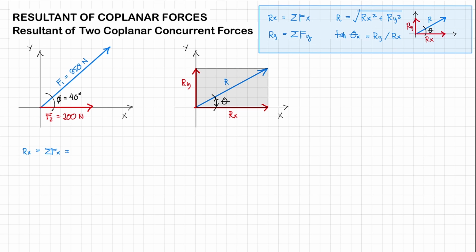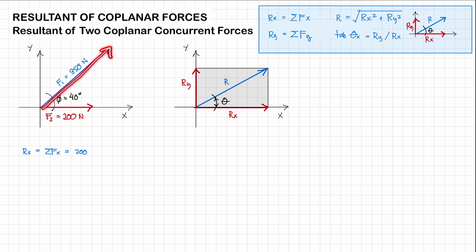Okay, so first off, let's start with F2 since this is a horizontal force. So we have 200, and then the horizontal component of F1.